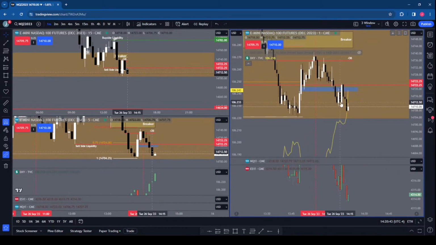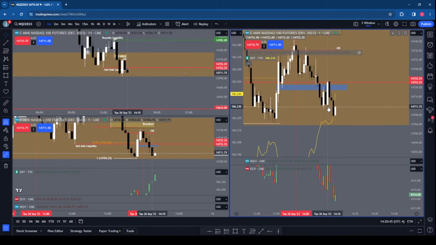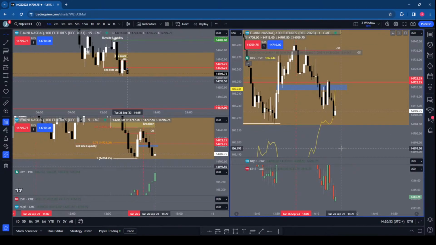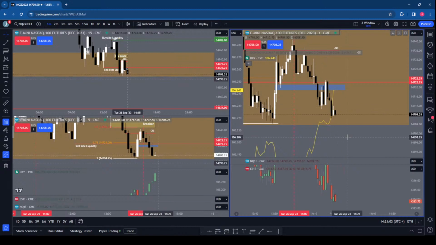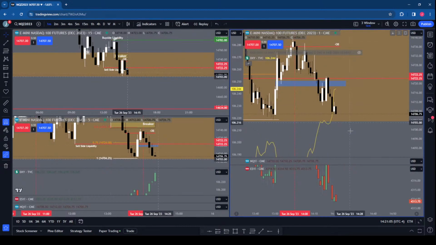So he came up, came down. Kind of consider this an order block, so could enter in right on the top of that. I wouldn't want to see it actually get any higher. I would want to see it tap that and just continue lower.